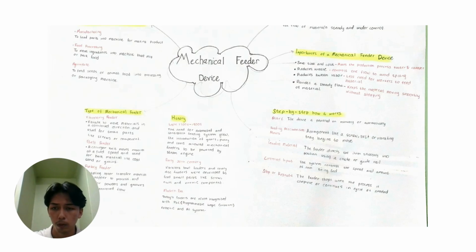The vibratory feeder vibrates to move materials in a controlled direction and is used for small parts like screws or components. For the belt feeder, a conveyor belt moves material at a fixed speed and is used for bulk material like coal, sand, and grains. The last one is the rotary feeder. A rotating rotor transfers material from the hopper to the process and is used for powder and granules in a controlled flow.